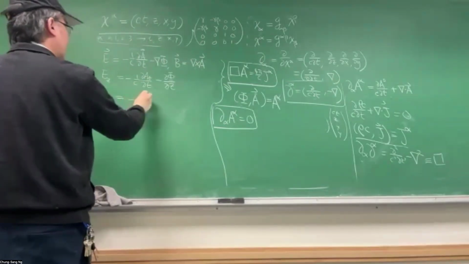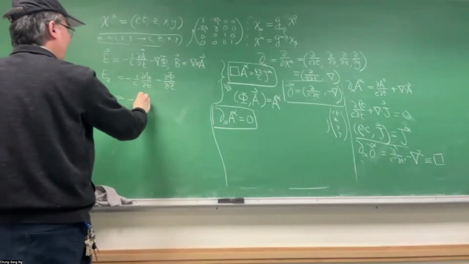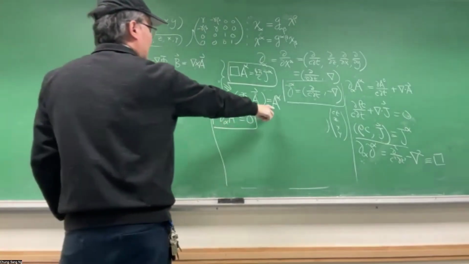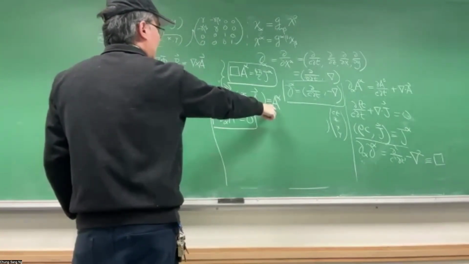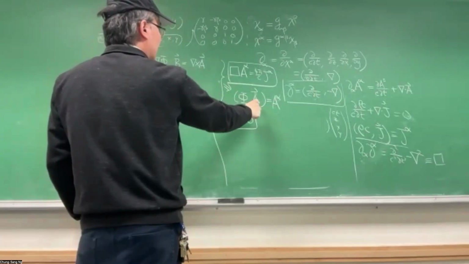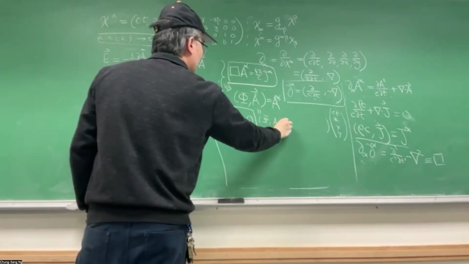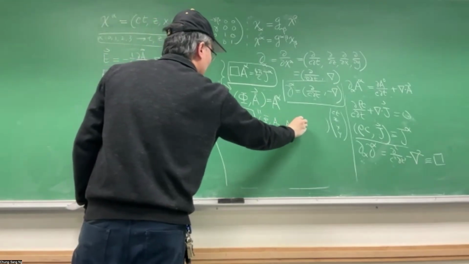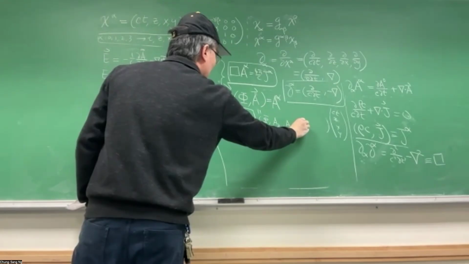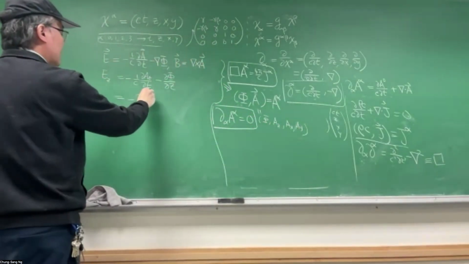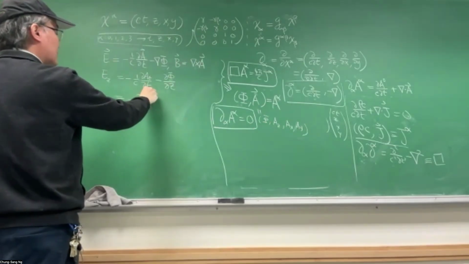So minus partial 0, and A sub Z is this contravariant 1 in the one component, because this is phi, A Z, A X and Y, right? So this is partial 0 A 1, right?